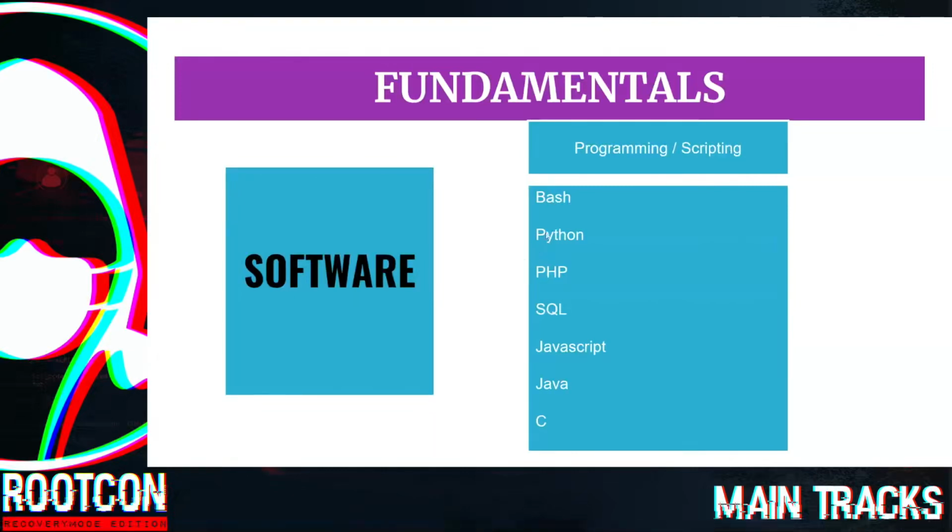It can help you do some web scraping or write some exploits, and just a simple web crawler or spider. Python can help you. PHP, yeah, you also need to learn that.